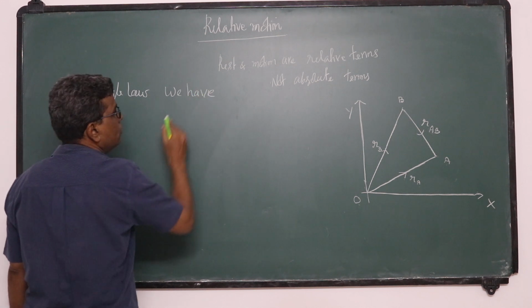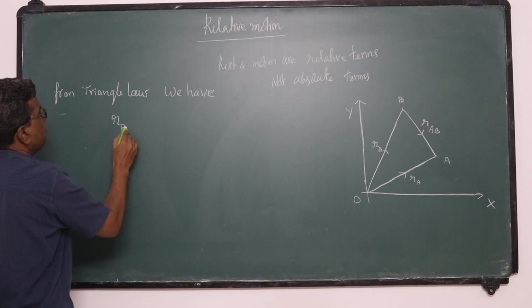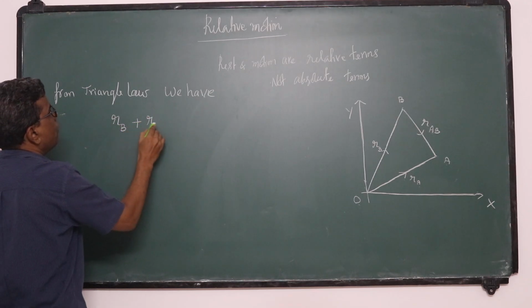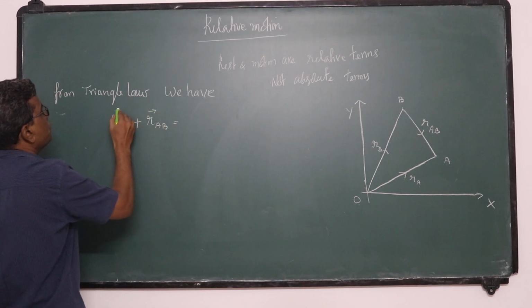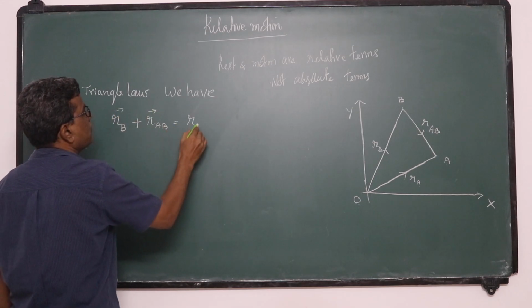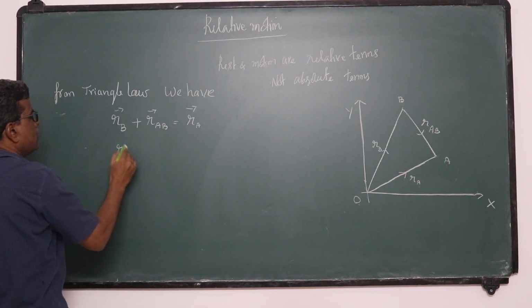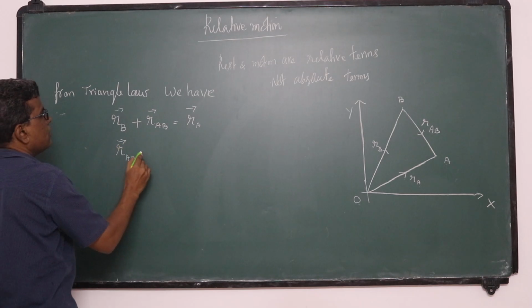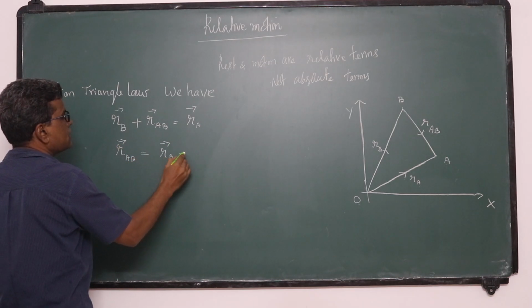So from triangle law, what we have? RB plus RAB is equal to RA. Okay, so RAB is equal to RA minus RB.